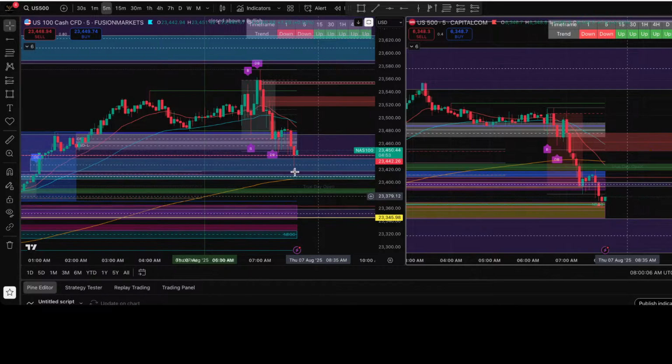There you go. There's your confirmation. So now let's see a retracement back to the 20, maybe to take out these highs. Or it could just continue to drop from here.